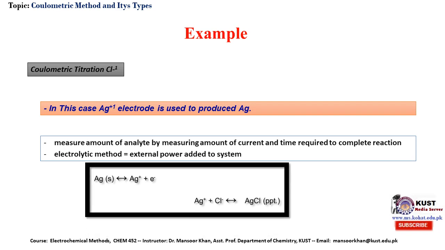This is the reaction: solid silver is converted into silver chloride, AgCl, and precipitated. So this example shows how the colorimetric method can be used quantitatively for an analyte.